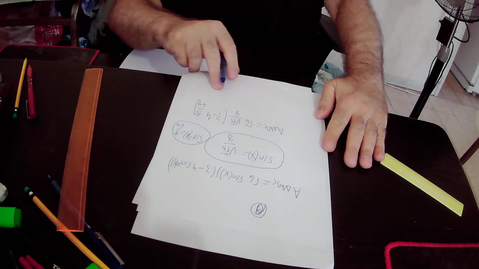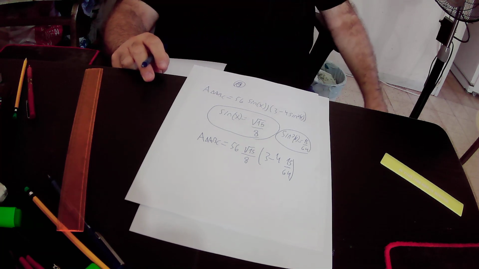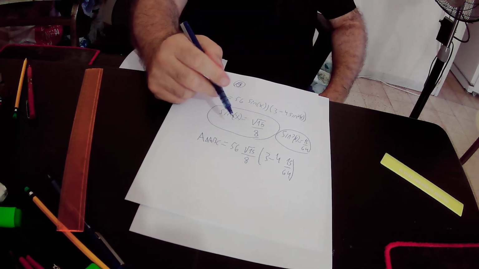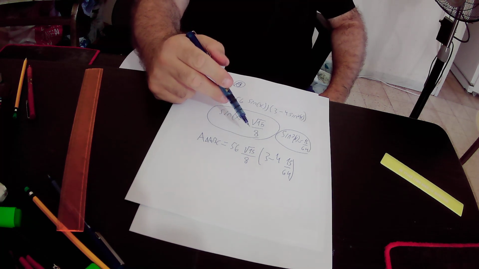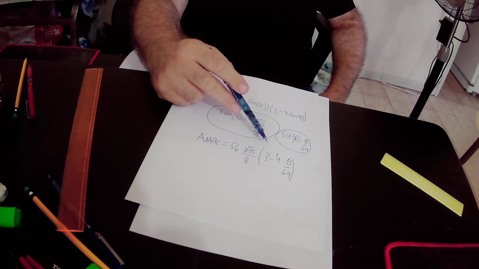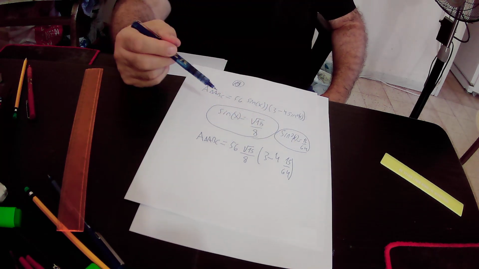So in total we got that the area of triangle ABC equals 56 times root 15 over 8. In the brackets we have 3 minus 4 times 15 over 64.